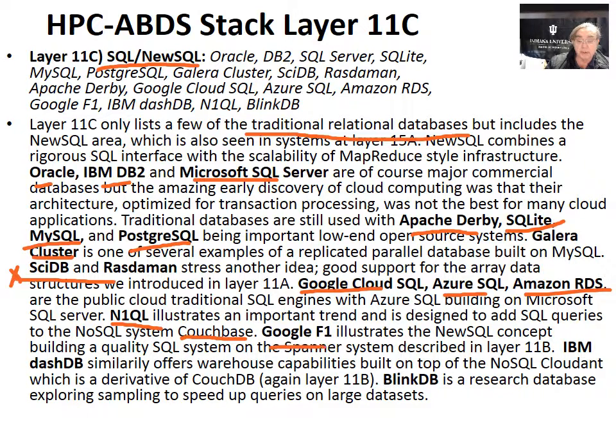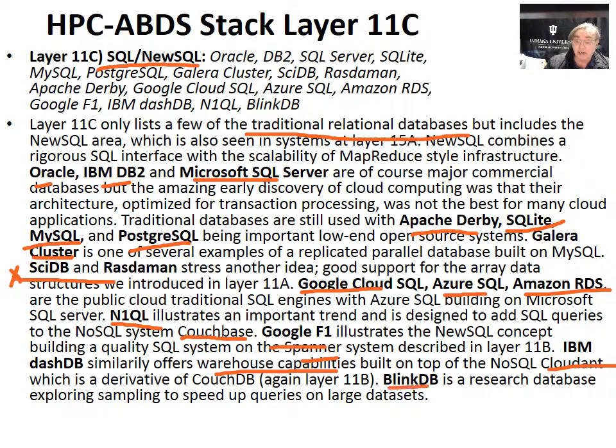Google F1 builds on Spanner, which we mentioned in the last section, layer 11b, and it delivers very robust SQL technology on this scalable framework. Dashdb is a similar concept. It offers warehouse capabilities similar to Amazon Redshift, which is in a later layer, and it's built on top of this cloud and software, which we mentioned in layer 11b.